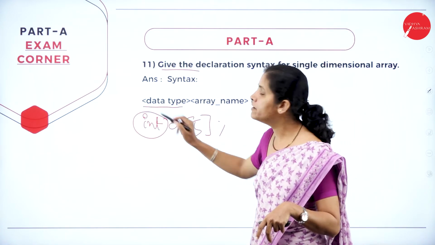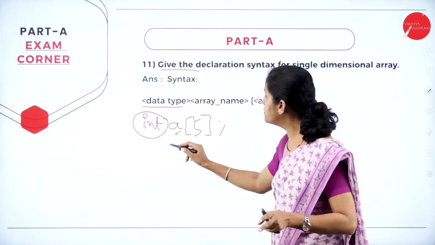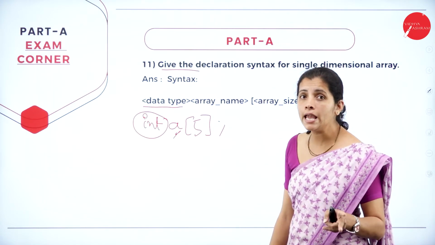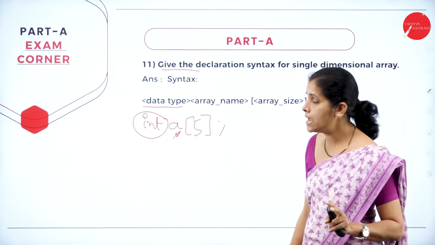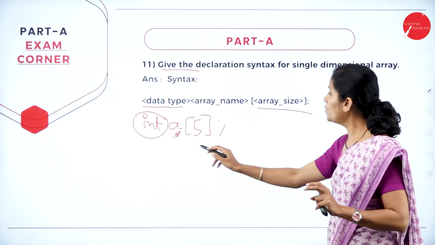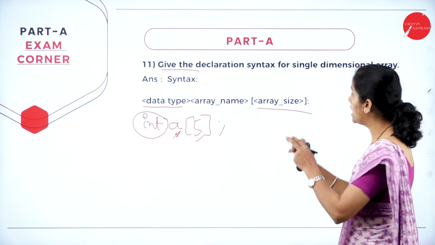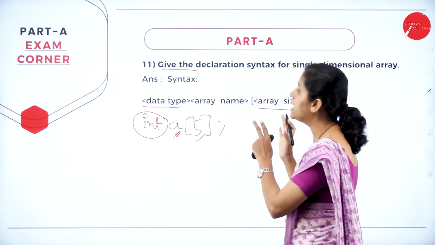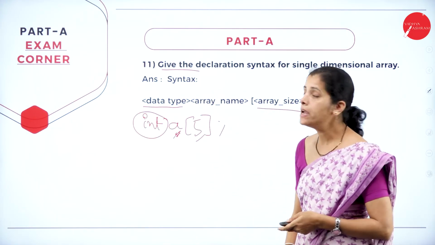So what is my first field? It is data type. Then what is my next field? That is array name. If I consider this example, A is my array name. And what is this 5? That is nothing but the array size. Now the syntax here is data type, array name as well as array size.